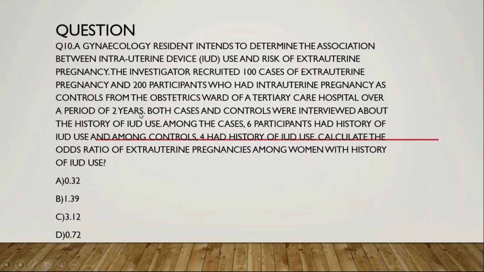Over a period of 2 years, both cases and control were interviewed about the history of IUCD. Among the cases, 6 participants had history of IUCD and among control, 4 had history of IUCD. Calculate the odds ratio of extrauterine pregnancies among women with history of IUCD. Options are option A 0.32, option B 1.39, option C 3.12 and option D 0.72. Now solve the question.